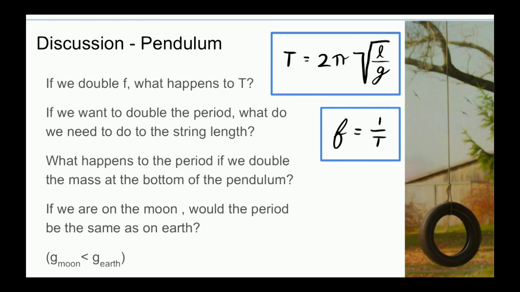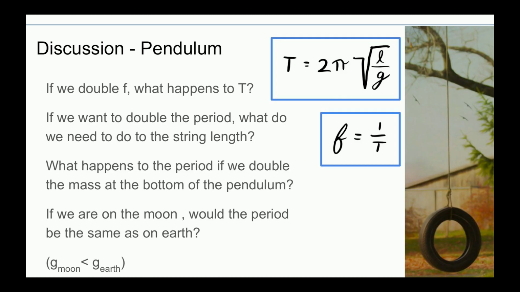Let's move right along. I wanted to discuss the idea of analyzing equations that you see. These questions are really good ones, and if you haven't seen this in class, I recommend that you practice some of these. The basic question is, if I do something to T, what happens to F?